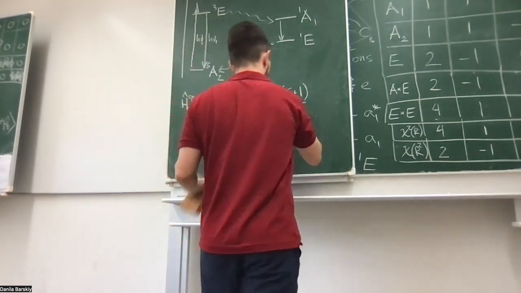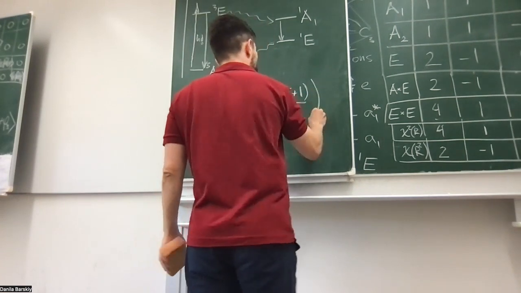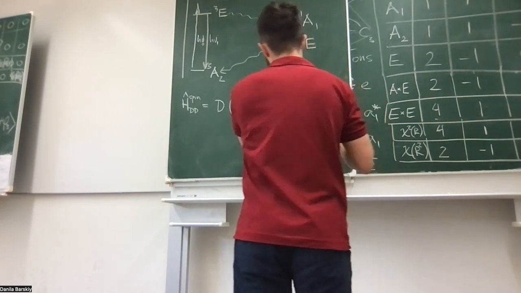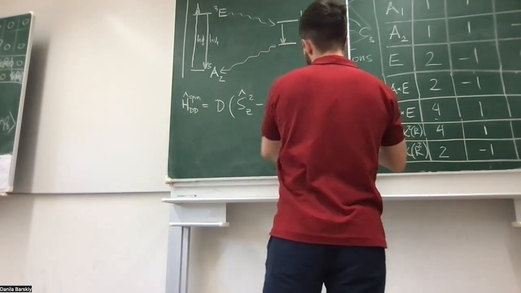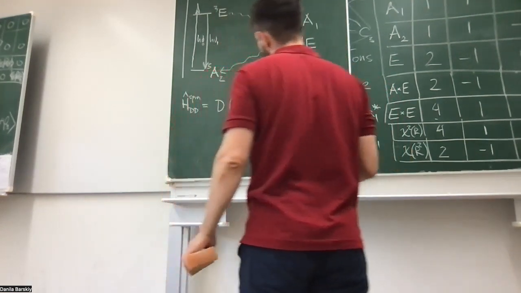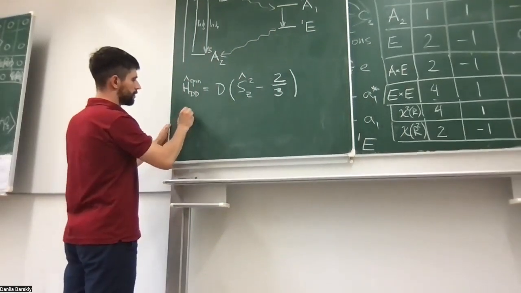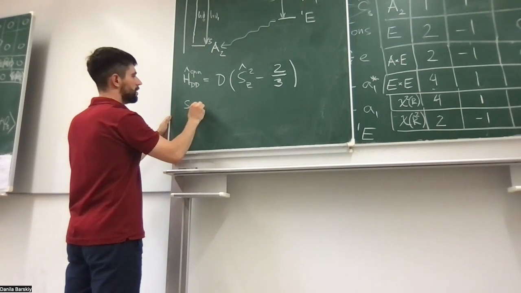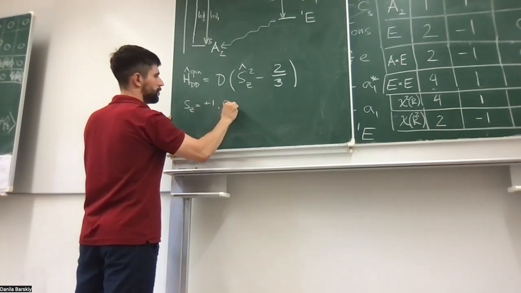Actually, for spin 1, you can say spin 1 is already 2/3 right away, minus 2/3. So basically, you have SZ can be projection either +1, you can have 0 or -1.